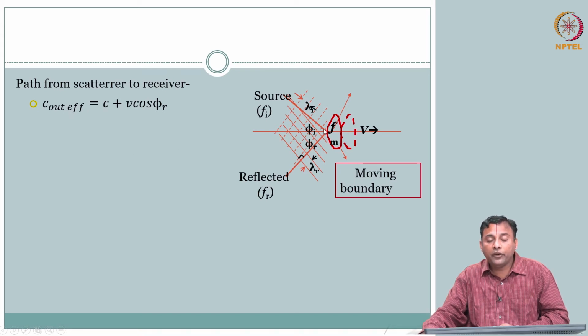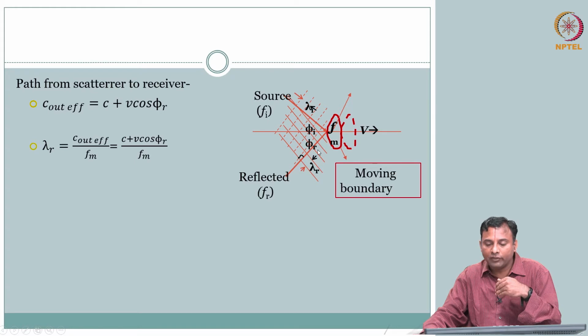Then we could also write our frequency fm. So what we will do is recognize c out, we know what is lambda r. Lambda r is the wave that you are sending out, the velocity with which you are sending out, because the reflected wave is going at a certain velocity, which is a relative velocity because this is moving. Otherwise, it is the same medium.